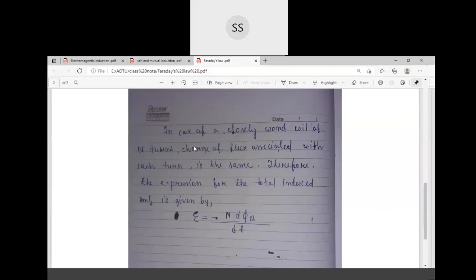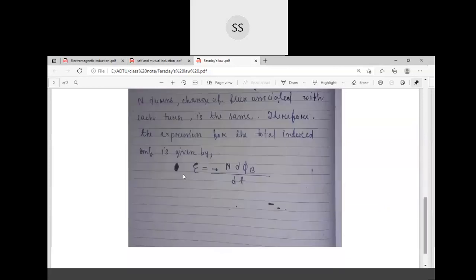In case of a closely wound coil of n turns, the change of flux associated with each turn is the same. Therefore, the expression for total induced EMF is given by this equation. We will just multiply the number of turns in the first equation.